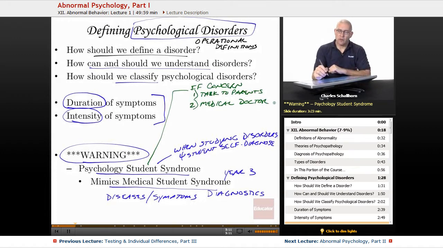Because if you don't do that, you may be creating some problems for yourself. And the thing that a medical doctor can do is they can rule out organic issues that may be causing what look like psychological symptoms. So this is my advice for all my students, that if they have a concern, talk to their parents.